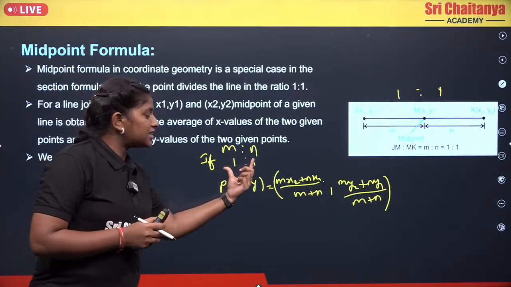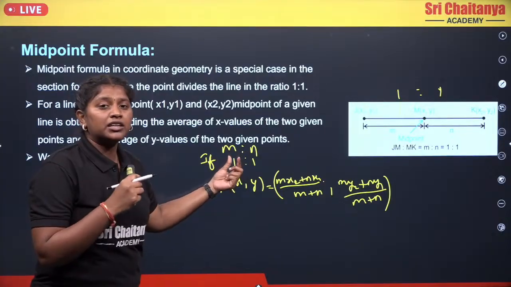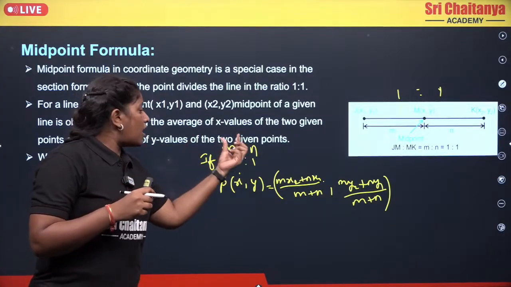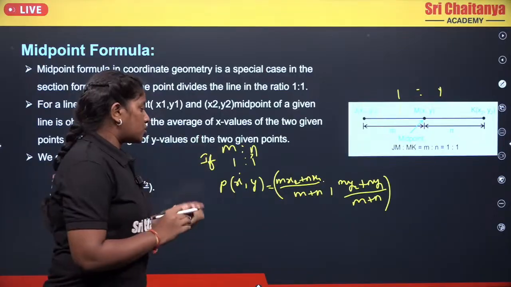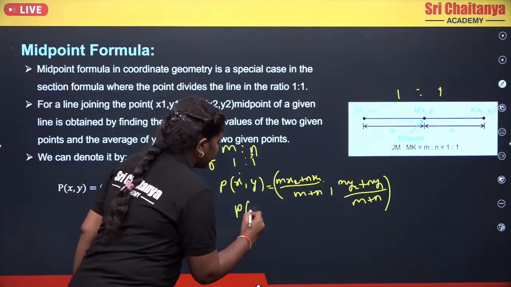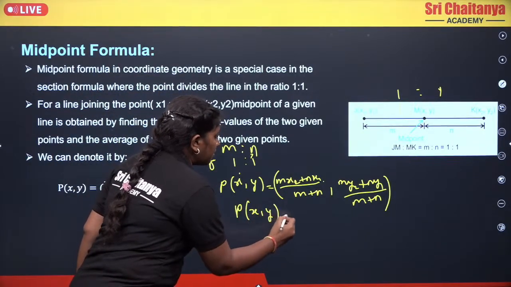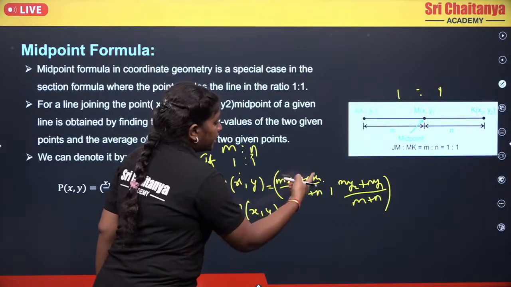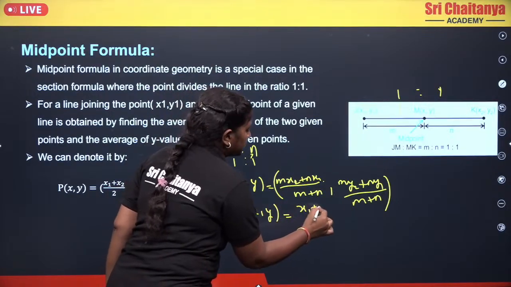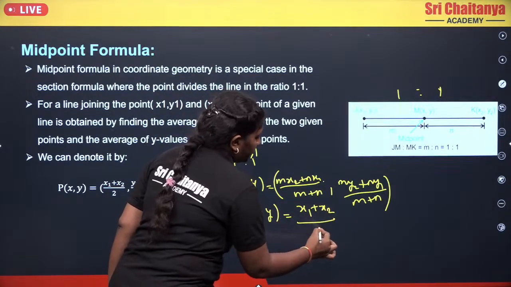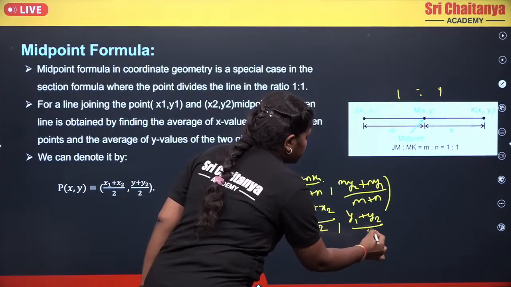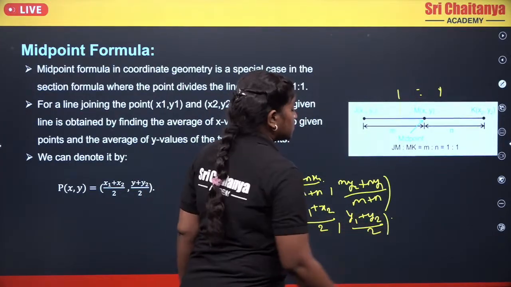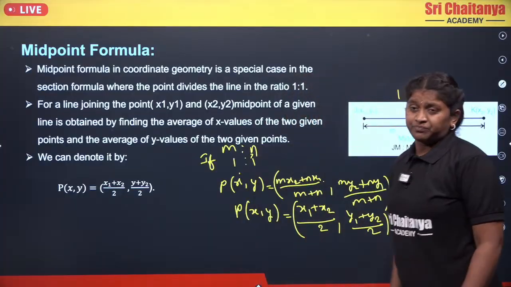Midpoint means it is dividing our line segment in the ratio of 1:1, so our m value becomes 1 and n value is also 1. If you place them, you will get P of x comma y equals (x1 plus x2) by (1 plus 1), that is 2, and (y1 plus y2) by 2. Okay, so this is how we will get it.